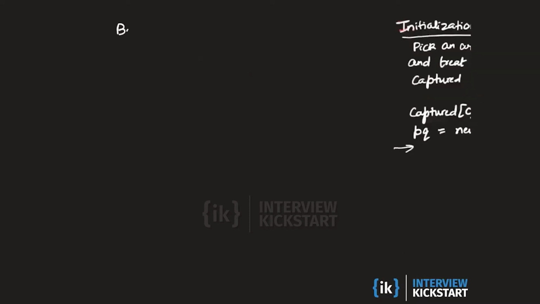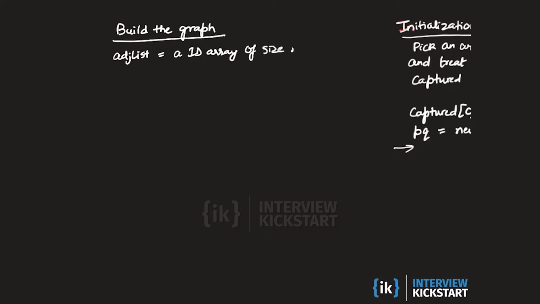So let's see how we are first going to build the graph, and this is going to look similar to what it looked like for BFS and DFS, with some small differences. So we are going to initialize an adjacency list as a one-dimensional array of size n, pointing initially to empty lists of integers.